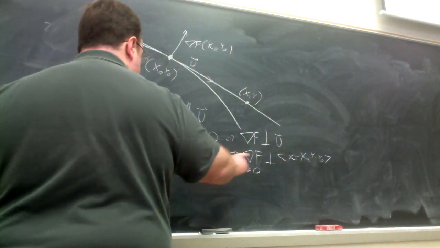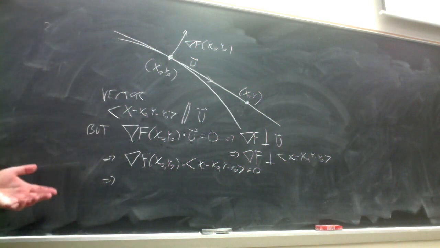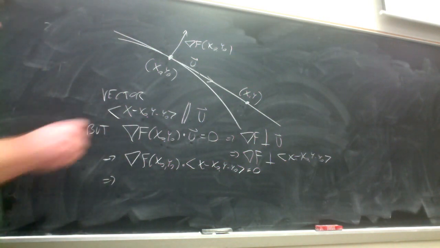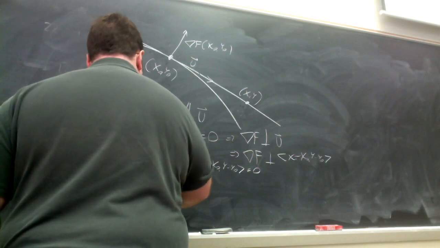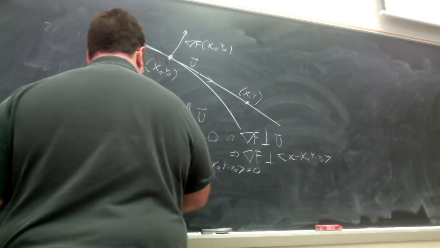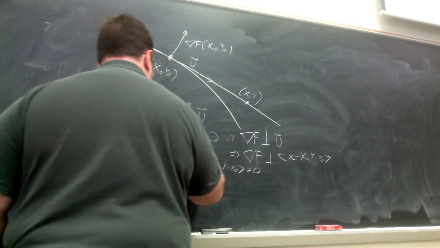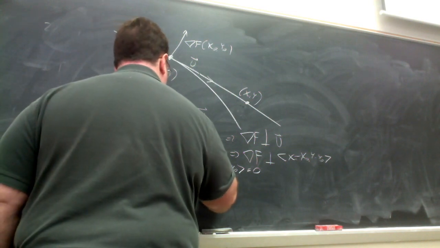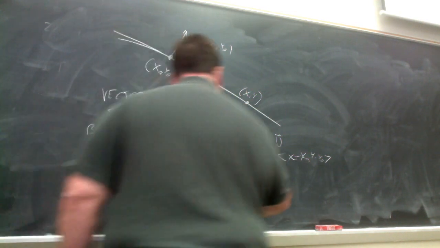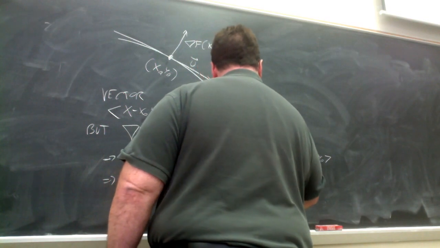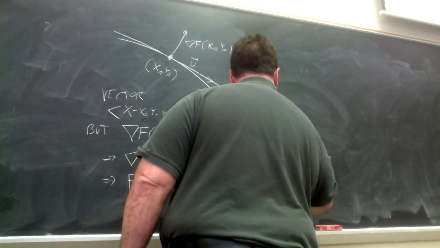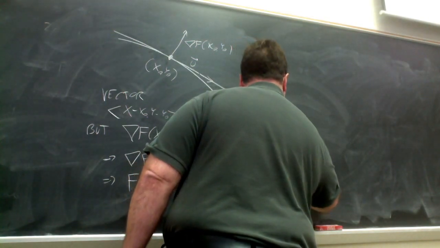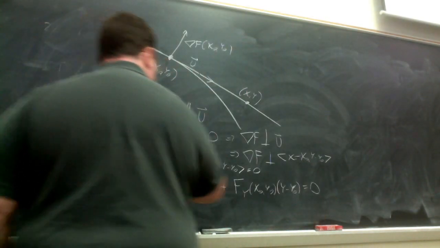So if I write out what the dot product is, now we have an equation of the tangent line. So partial of f with respect to x times x minus x naught plus partial with respect to y times y minus y naught. That must be equal to 0.